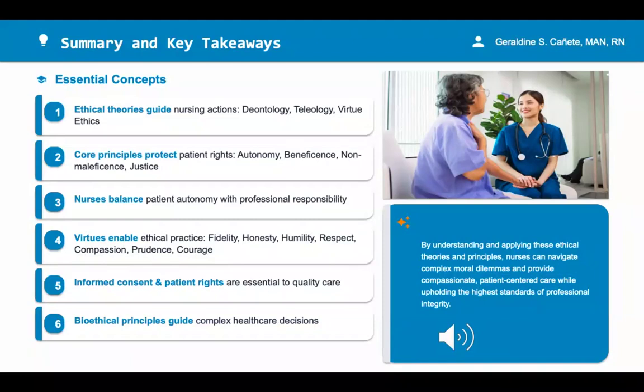Technical knowledge allows you to treat illness. Ethical wisdom allows you to care for persons. And when ethical principles become part of your habits, not just your notes, you begin to practice with integrity.